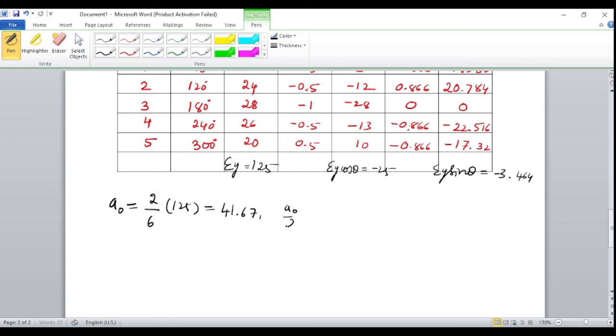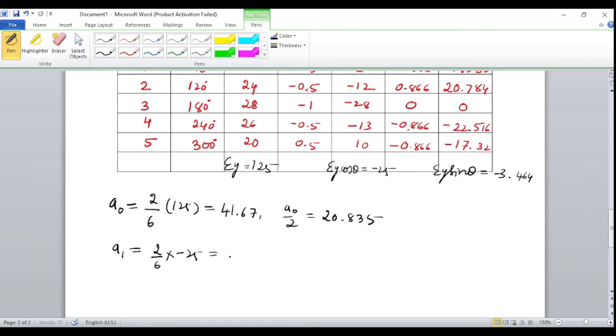We need a naught by 2, so 41.67 divided by 2 is 20.835.